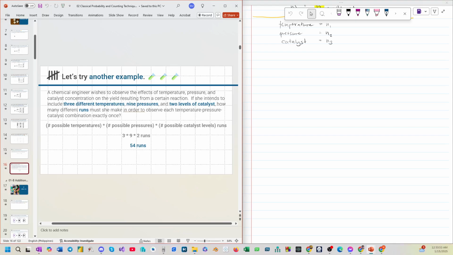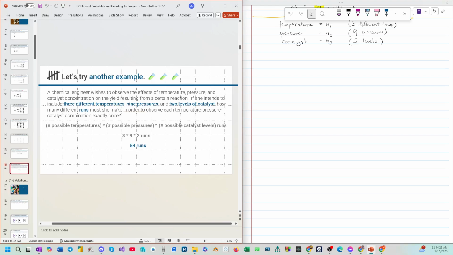Good? Now, we have 3 different temperatures for N1. For N2, or the pressure, we have 9 different pressures. And for the catalyst, you have 2 levels. Hope this is easy for you, ha?